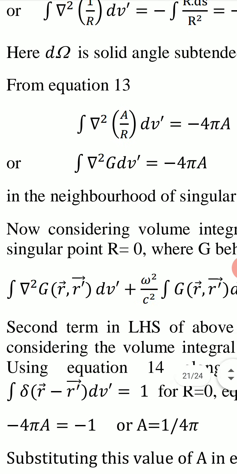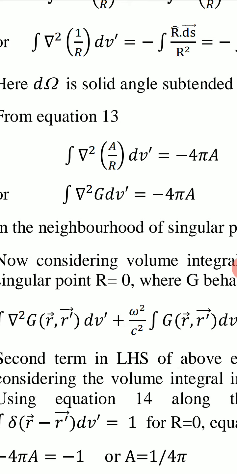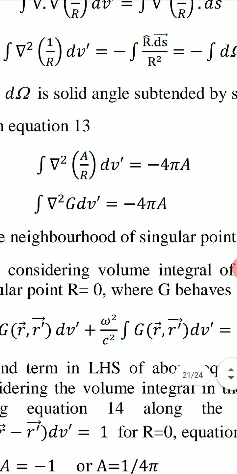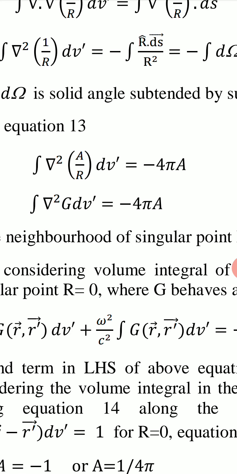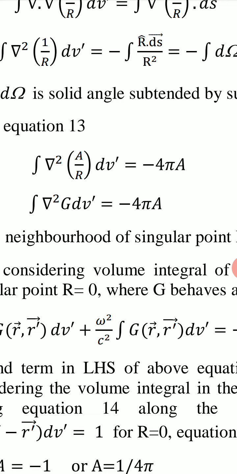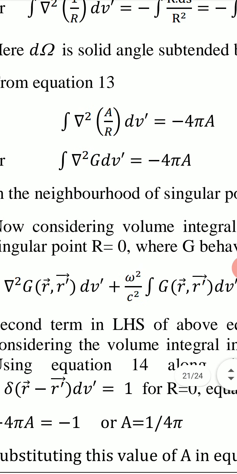From equation 13 we have del square a upon r dv dash equal to minus 4 pi a. Multiplying above equation by capital A, which gives del square g dv dash equal to minus 4 pi a. Because g is Green function, it behaves as a upon r.